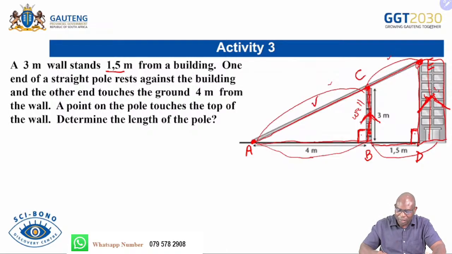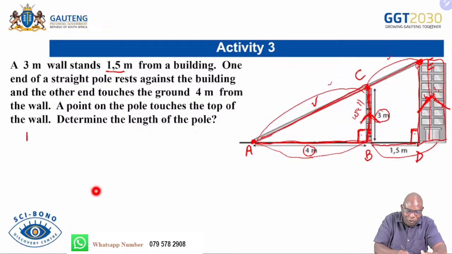First, I can work out that part because I can work in triangle ABC, which is a right angle triangle. What do you need for a right angle triangle? Two sides to get the other side. Which theorem do I use? Pythagoras. I've got a 3 and a 4, which is a simple one. How do I then get my AC?